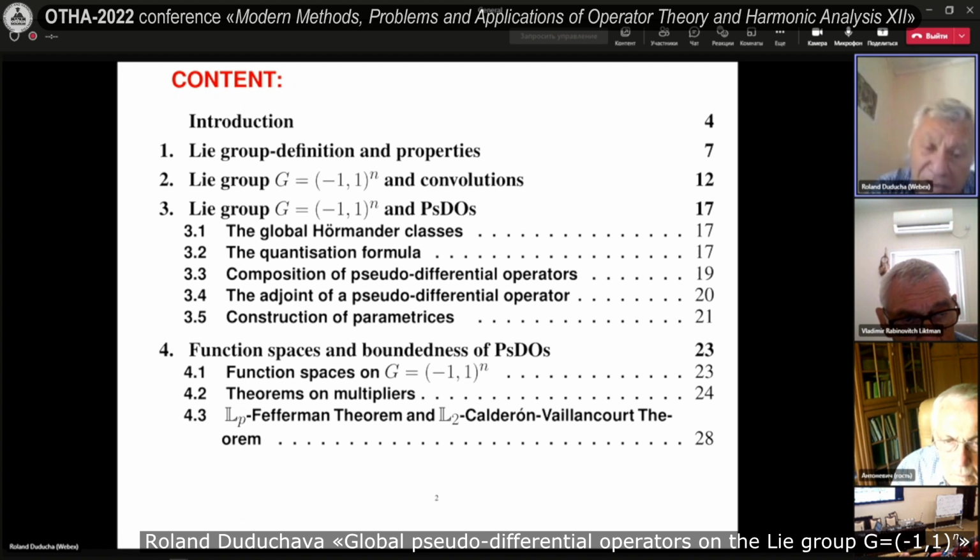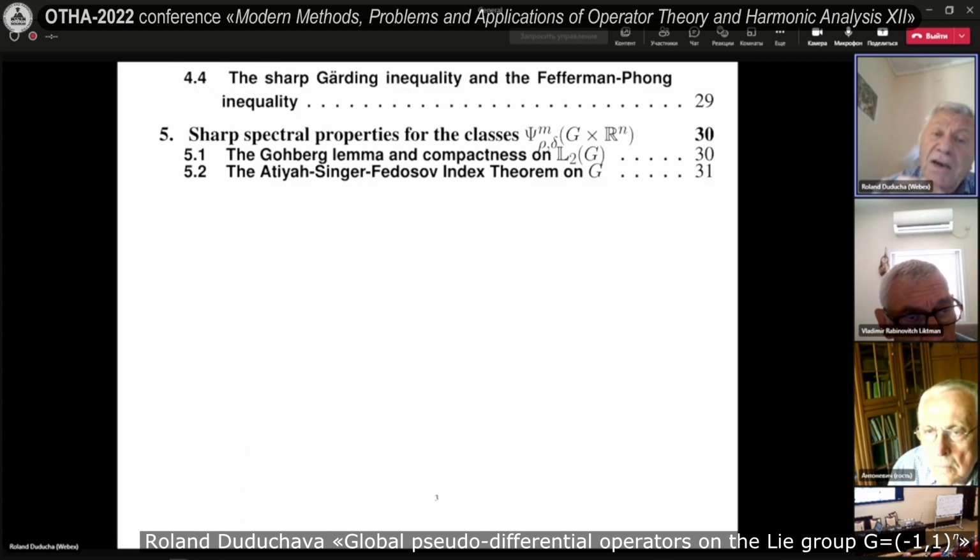We repeat all the theorems and prove them in our case. Then we define function spaces and some boundedness properties of pseudo-differential operators, such as the Fefferman theorem, the Calderon-Vaillancourt theorem, and some non-classical multiplier theorems, if I have enough time. Then spectral properties, such as Gohberg's lemma and the Atiyah-Singer-Fedosov index theorem.